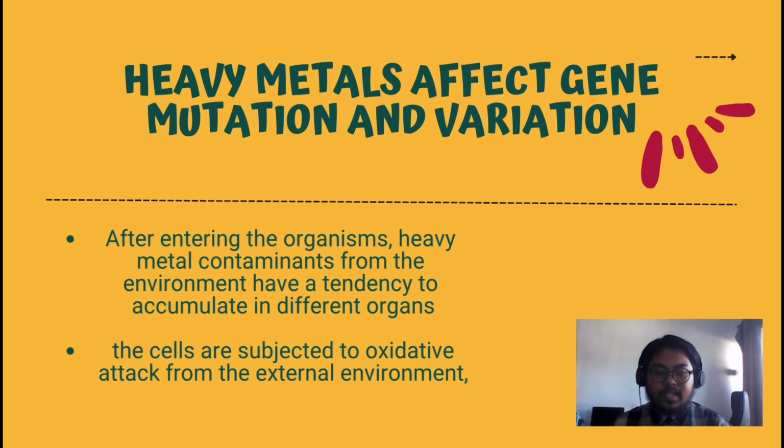As a result, the cells are subjected to oxidative attack from the external environment, which leads to a variety of reactions of lipids in the organism, including peroxidation, changes in genetic material, and other effects.